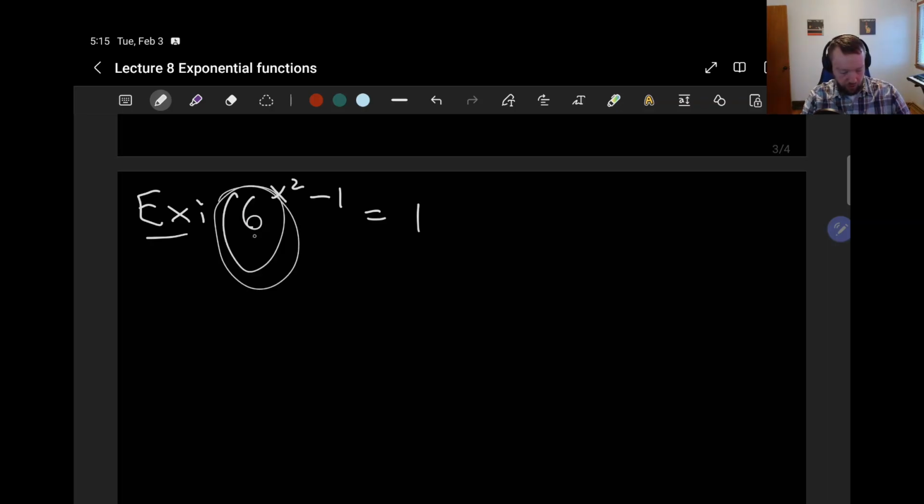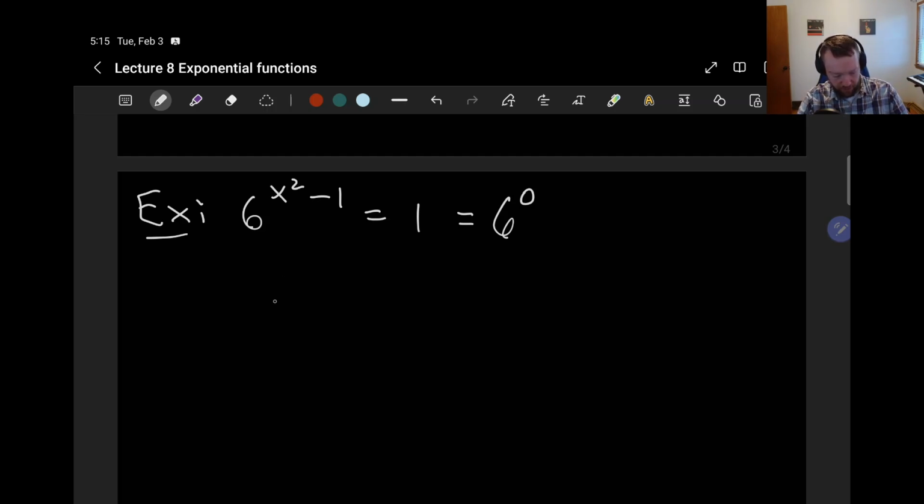So I don't have to reduce 6 at all or factor it in any way. You don't have to do that. But rather rewrite 1. Remember, anything to the 0 power is 1. And now we can proceed.